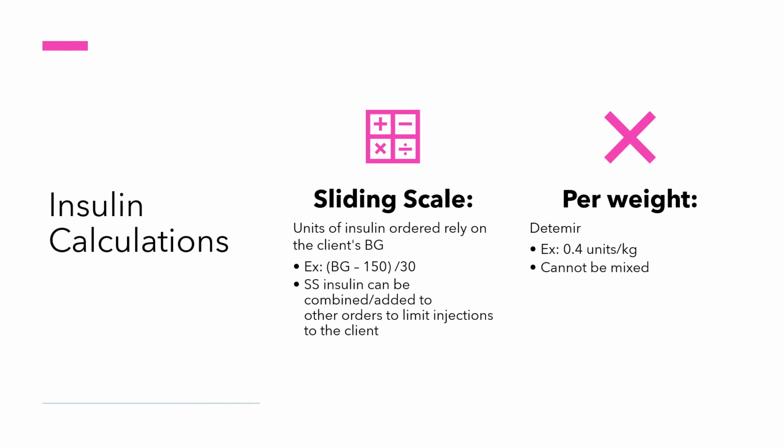Now per weight calculations, such as your long-acting insulins like detemir, are based on their weight in kilograms. So an example here would be 0.4 units per kilo. You would take their kilograms times 0.4, and that is how many units they're going to get. Usually this is once a day. Severe, hard to control diabetics might have it twice a day.